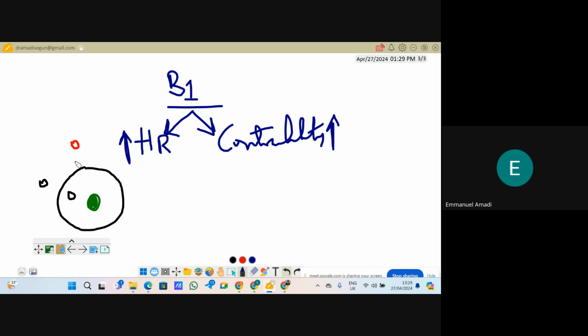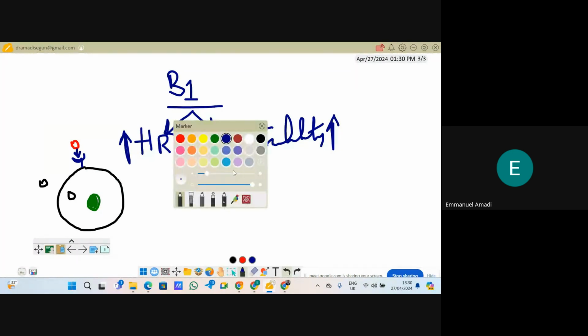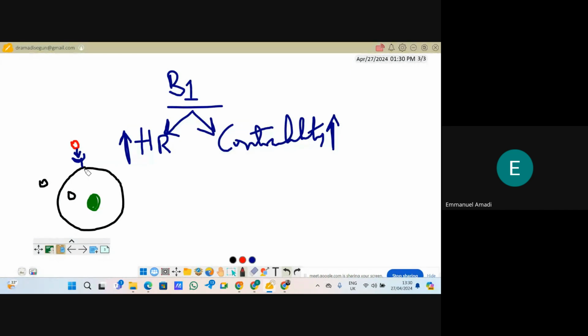Now, what will happen is this. There will be a receptor on the surface of this cell where your neurotransmitter can bind. Now, when it binds to that receptor, there will be what we call a second messenger that is coupled to this receptor. Now, what it simply means is that this receptor acts as a middleman between the neurotransmitter and the second messenger.